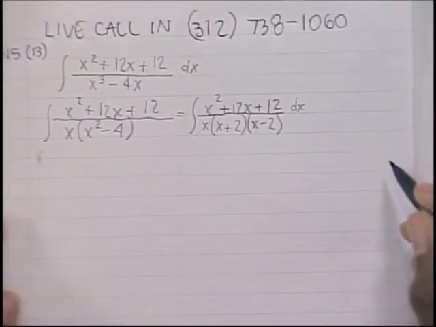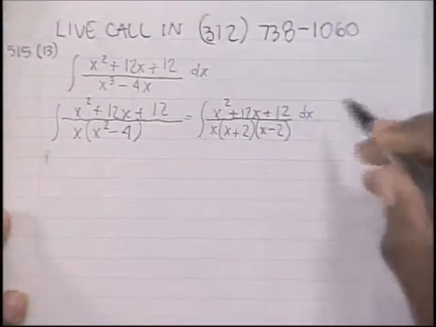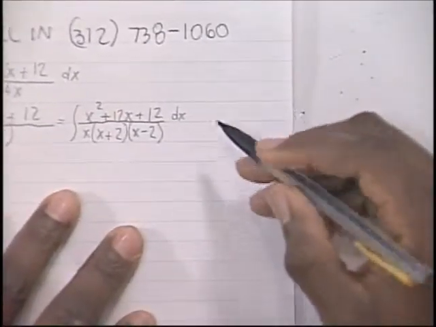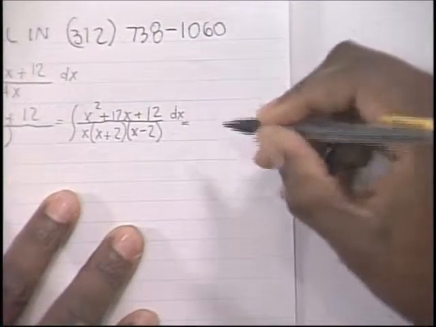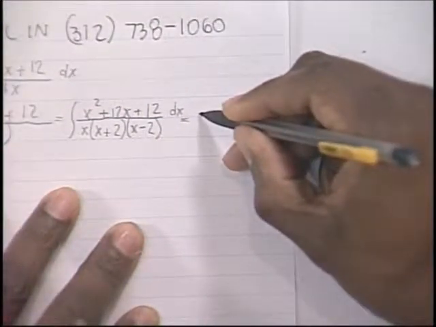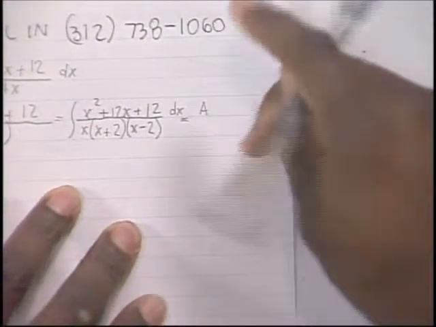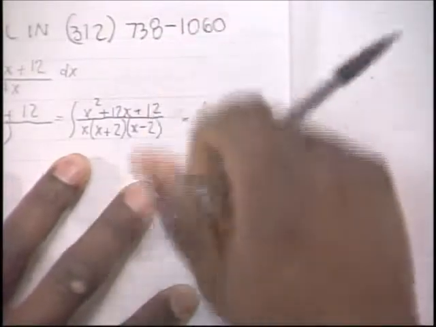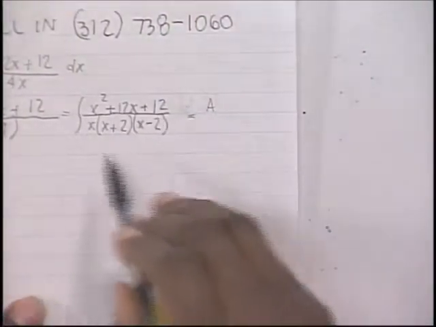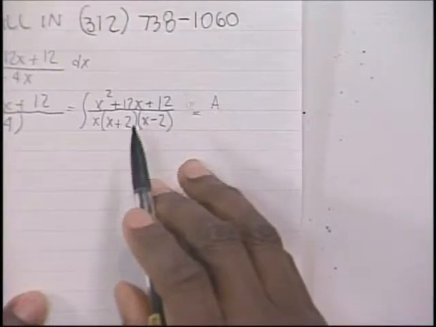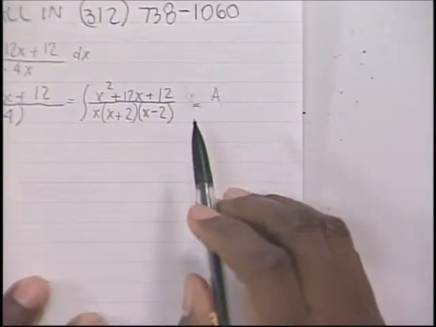So now you're going to rewrite this. This is very difficult to take the antiderivative of, but we're going to try to turn this into something that we can take the antiderivative of.